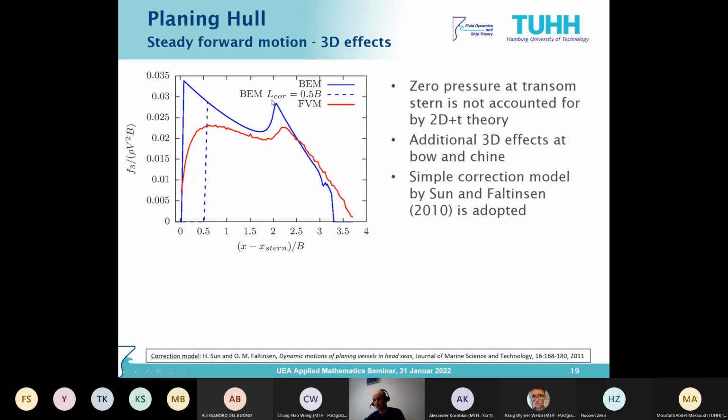For example, if this parameter is 0.5b, it means that we stop the integration of the forces right here, and this force is then ignored for the whole force. So it's a rather simple approach, but we want to check what results can be given if we use it, and we vary this parameter to check its influence on the integral forces.